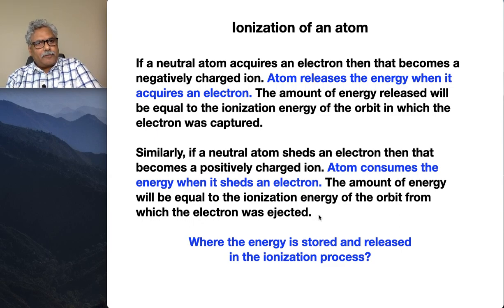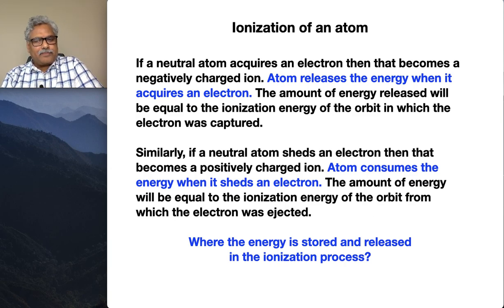The same way, if you give enough energy to the topmost electron, it escapes from the atom, and that energy equals the ionization energy of that particular shell. So we are giving energy to an atom and taking energy from an atom in these two scenarios. But where does this energy get stored inside an atom?